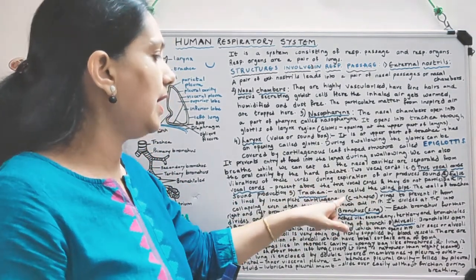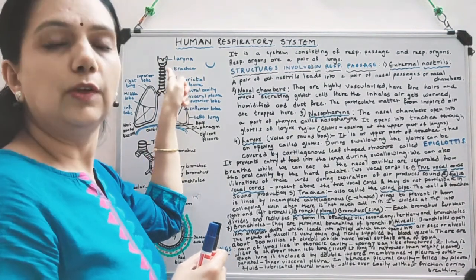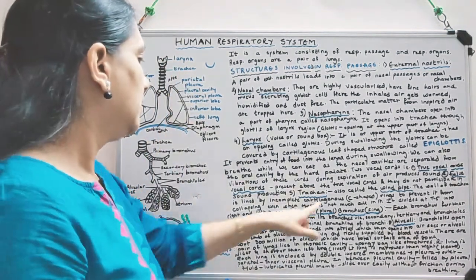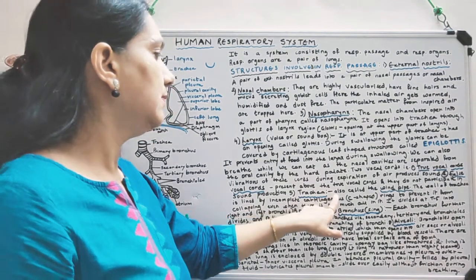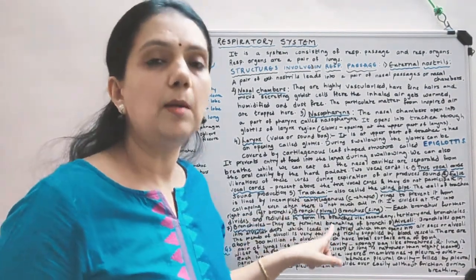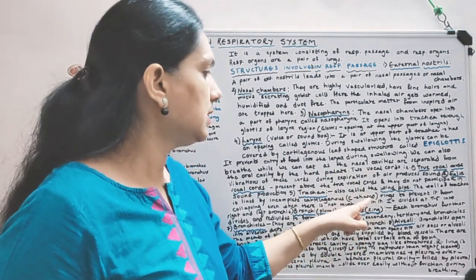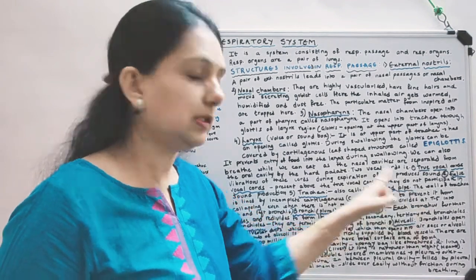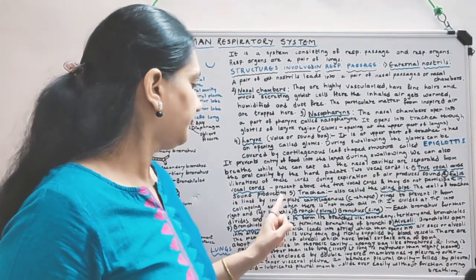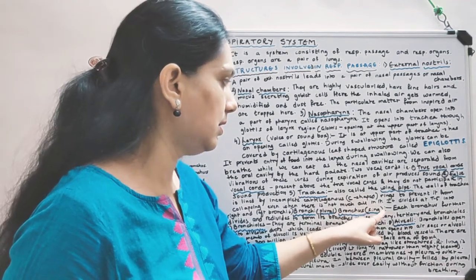When there is little air, these rings help in supporting the wall of trachea. So you have to remember with reason, trachea is lined by incomplete cartilaginous rings which appear C-shaped, and these rings prevent it from collapsing when there is less air in it.